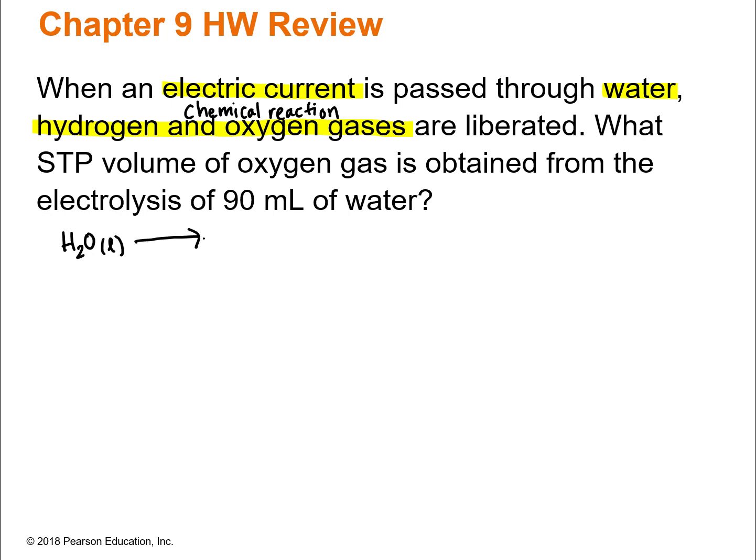Electric current is not any kind of a chemical compound, so we'll just write it here. We add current, and we make hydrogen gas and oxygen gas. So the first step to this problem, you have to write a balanced chemical equation.